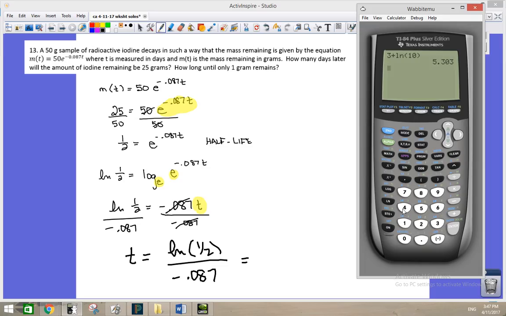All right. The natural log of 1/2 is the same as 0.5, or rather, it's easier to key in 0.5, and then divide it by negative 0.087. So to 3 decimals, if we just call this 8 days.